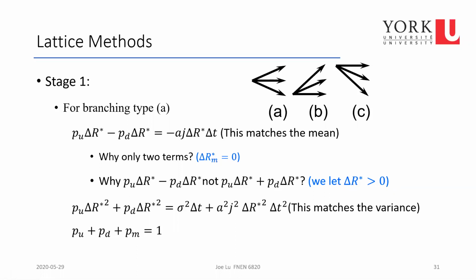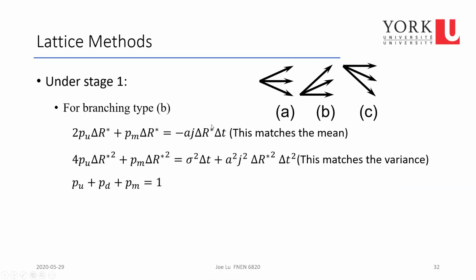Okay, we will solve it later. For each one, let's talk about how we set up the equations for each of the branch types. So for branch type B, you're looking at this.